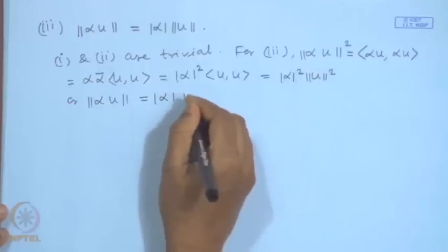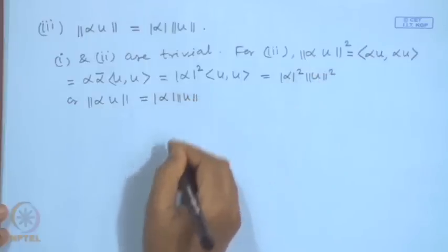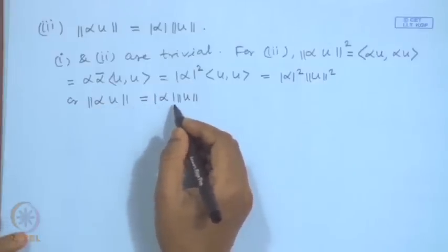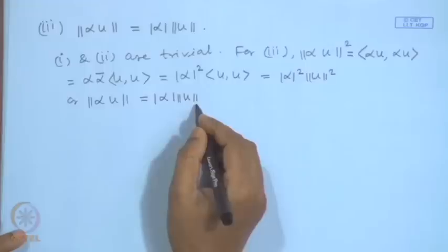So we get that norm of alpha u is equal to absolute value of alpha times norm of u.